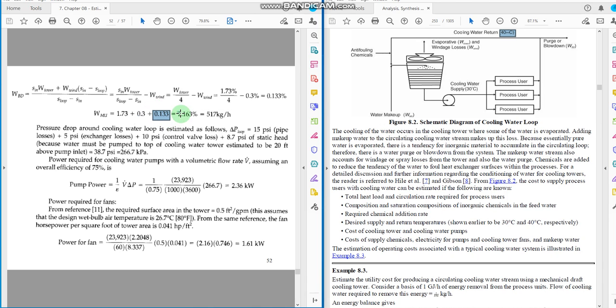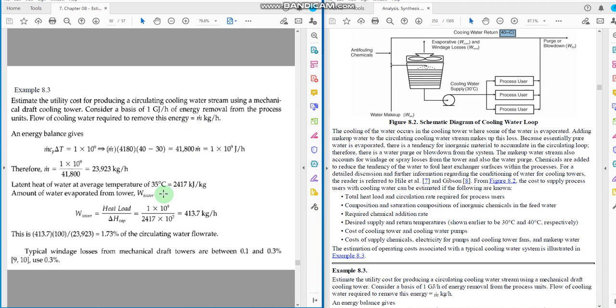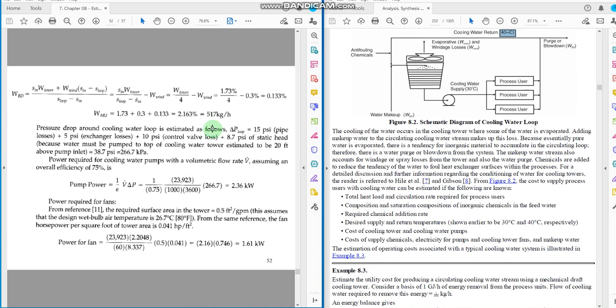Okay, so you can calculate the total percentage, and then you can multiply this percentage with the total water flow rate, that is 23,923. So you can have the value for the total makeup water, and that will obviously reflect how much water is going out of this system in terms of losses.